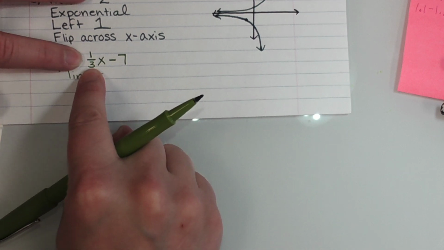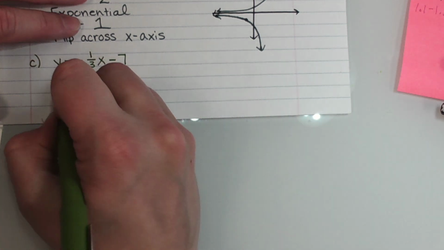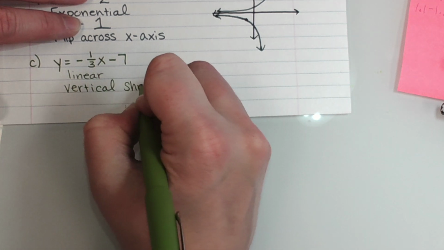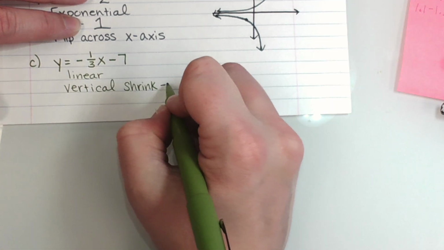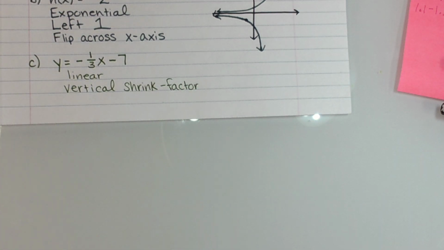Start with the 1/3. A 1/3 being multiplied by the function is doing what to it? Vertical shrink. Now, I'm not going to be too worried about the factor right now, but in all actuality, a factor of a shrink is the reciprocal.